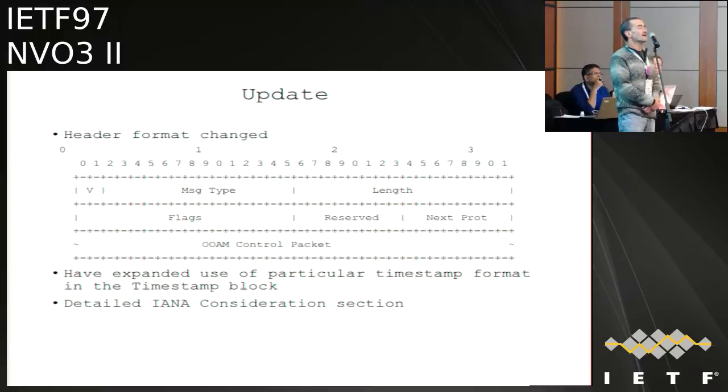In version 0, we state that the OEM header immediately follows the encapsulation header. So you have VXLAN GPE, which identifies the payload as OEM, and then you have the OEM header, and in the OEM header you can identify the next type of payload which follows OEM control packet.